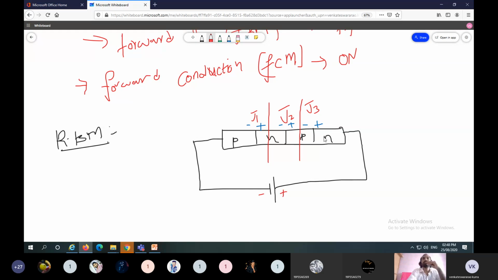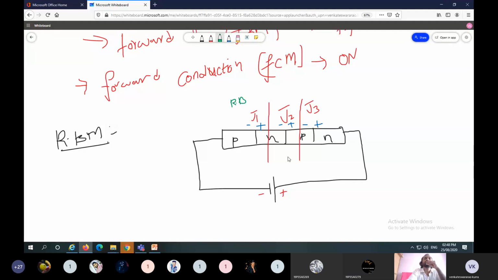The device is said to be reverse biased if P is connected to negative and N is connected to positive. So is junction J1 forward bias or reverse bias? Reverse bias, sir, because negative is connected to P and positive is connected to N. So it is reverse bias.